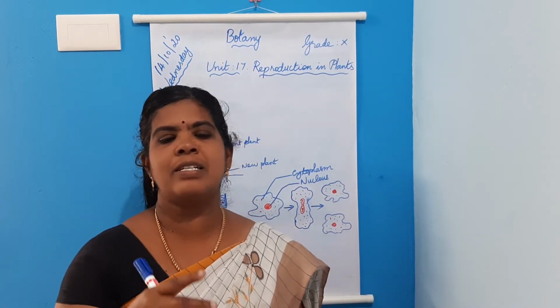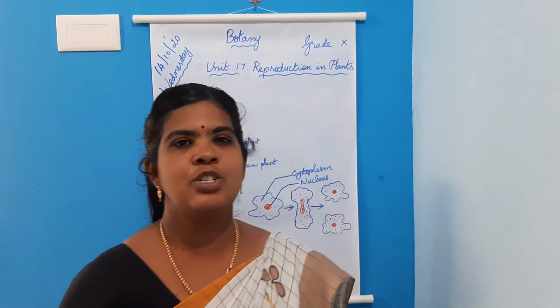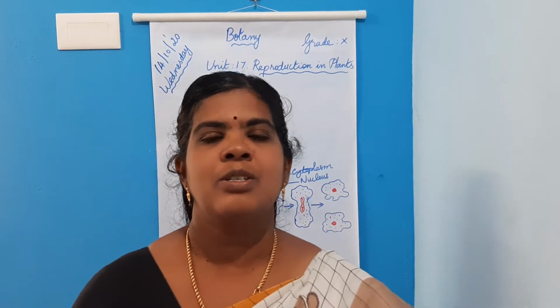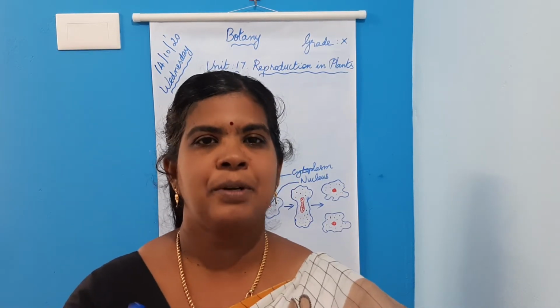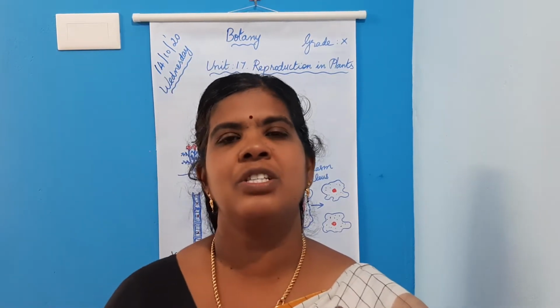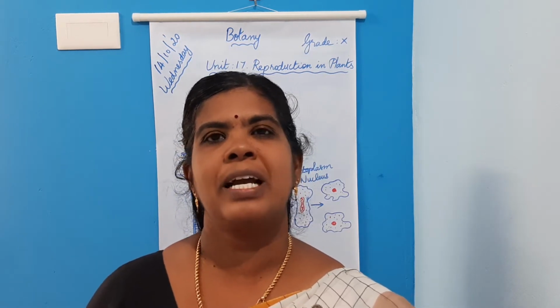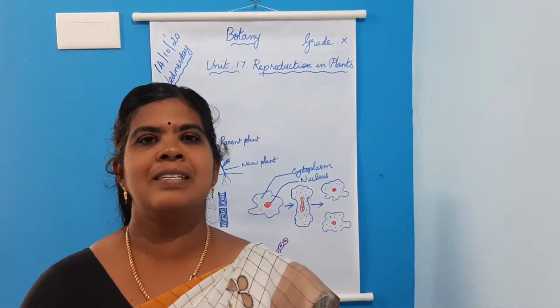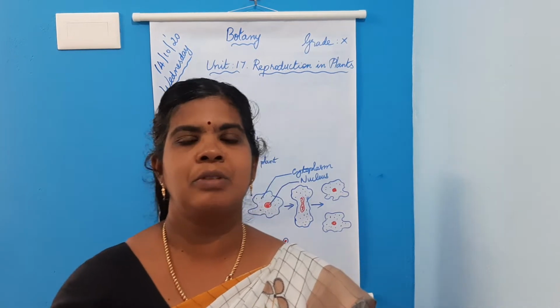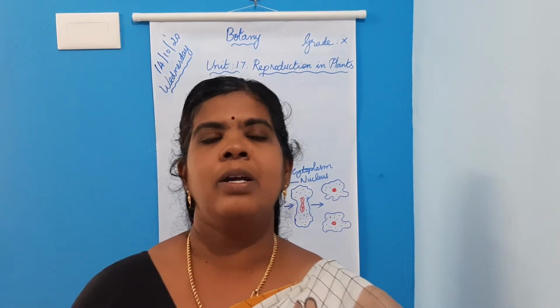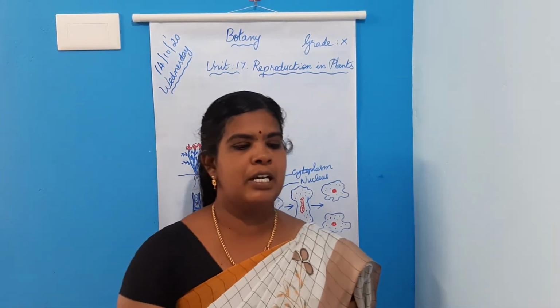These characters are transmitted from one generation to the next generation. So what do you mean by reproduction? Reproduction is a process by which the organism produces its own kind or its hybrid.